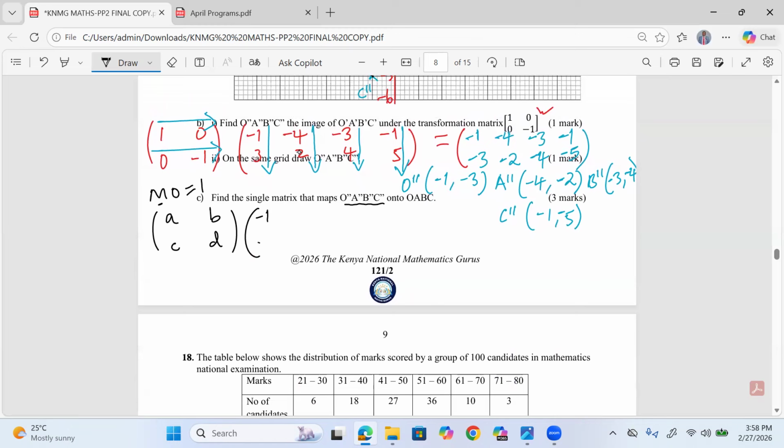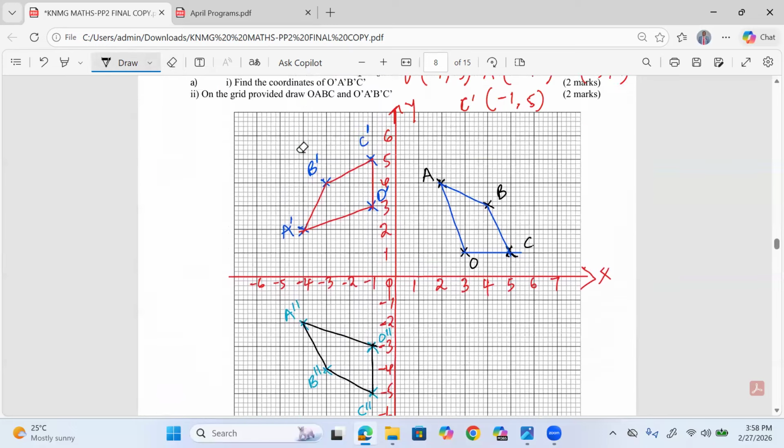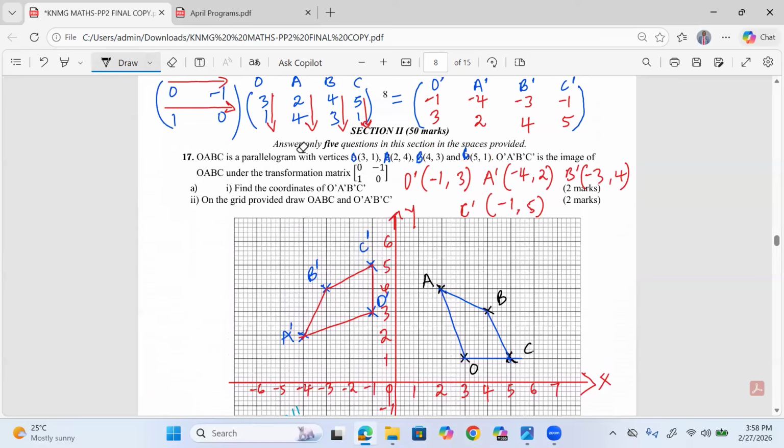-1, -3, -4, -2, -3, -4, -1, -5. This is equal to, so we want this to become the first quadrilateral, whereby we know the coordinates are there.